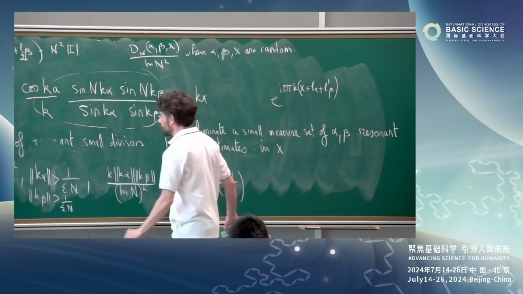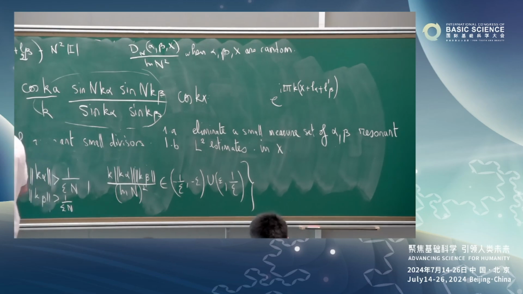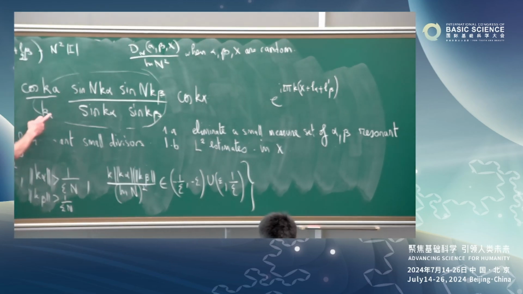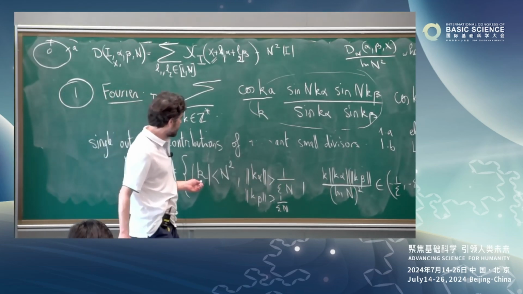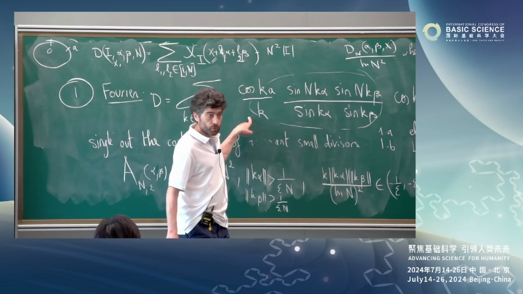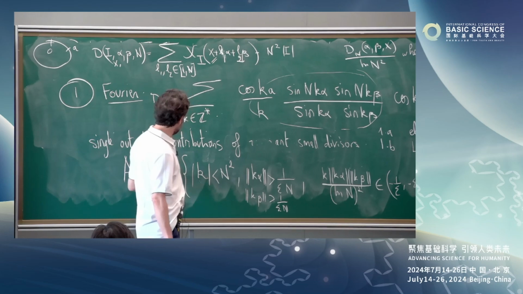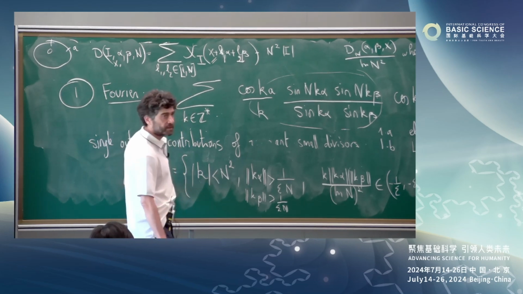Okay, so let me just say a word about this. I define a set. This set is a set of Fourier modes k. For every alpha, beta, I define a set of k's for which this denominator is small. Okay? And then I compute the contribution of all the k's that are not in this set.